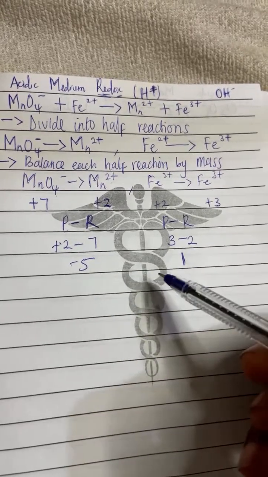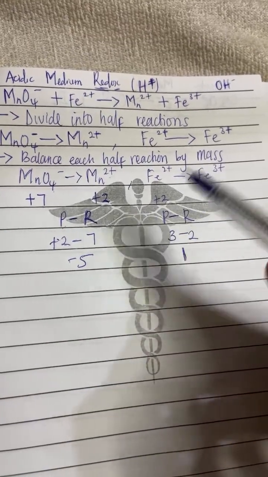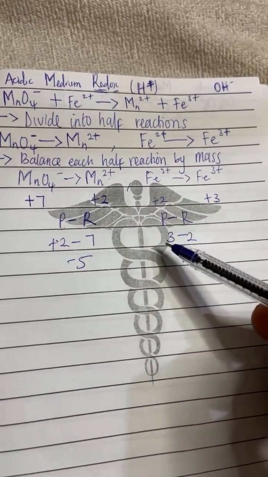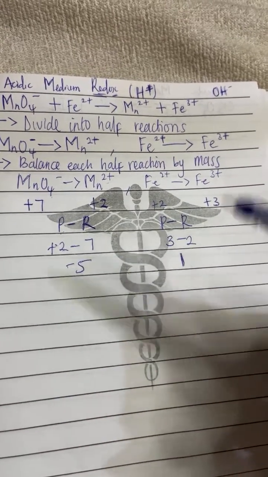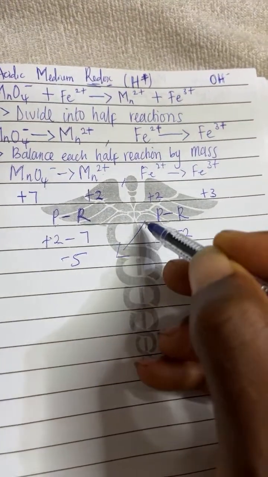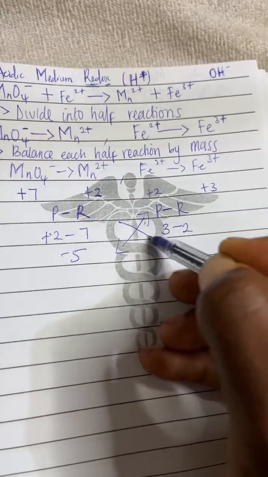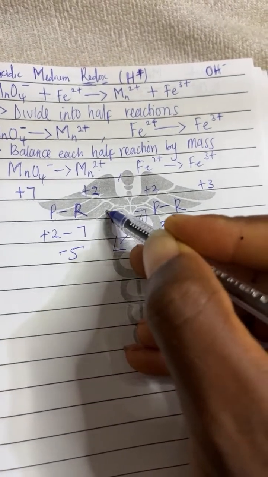The next step you need to take is to multiply each half reaction by the result of the subtraction of the oxidation numbers. It's just like a cross multiplication. There are actually 2 ways in which you can solve redox, but I like using this way.